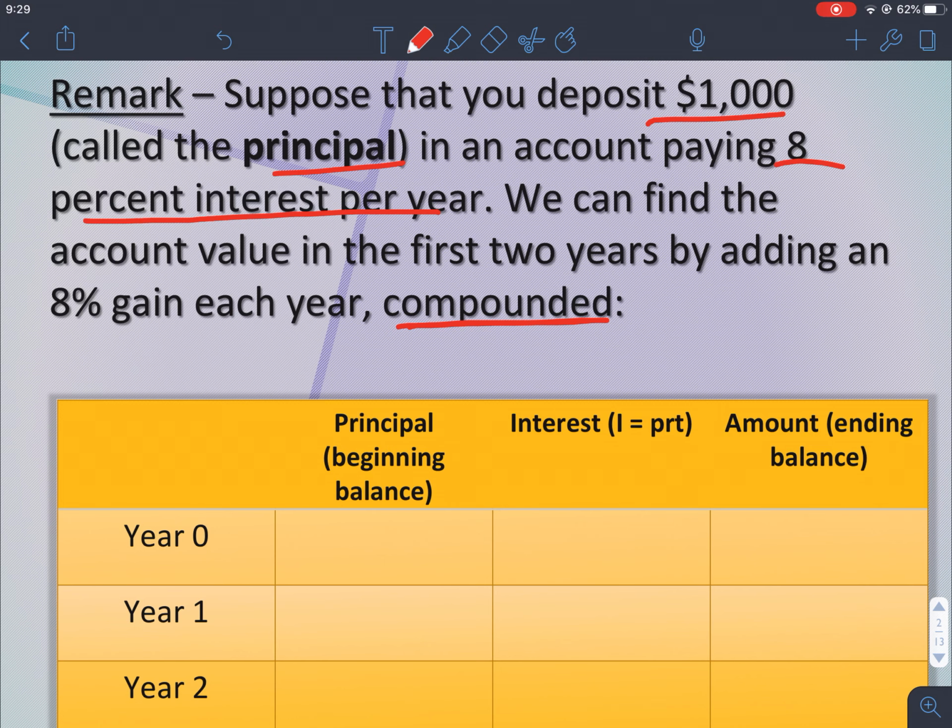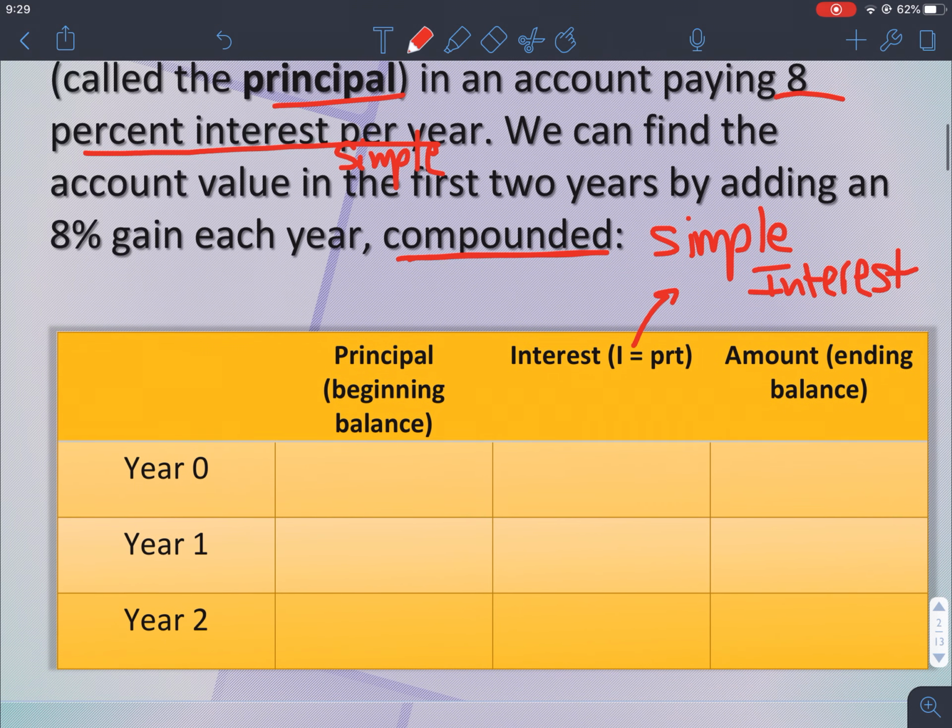So this is going to be simple interest to start off. Right here is the simple interest formula. So in this example, we have a beginning balance at the end at year 0 of $1,000.